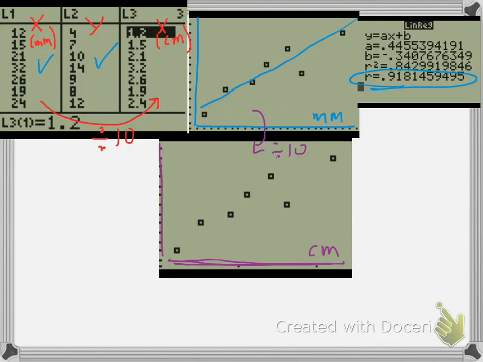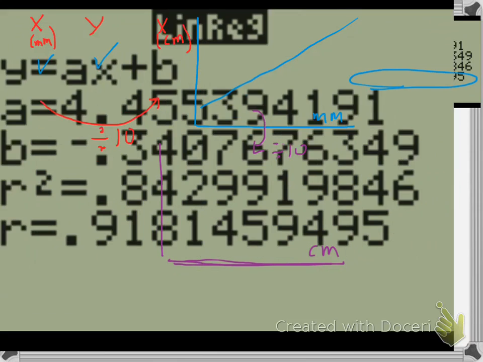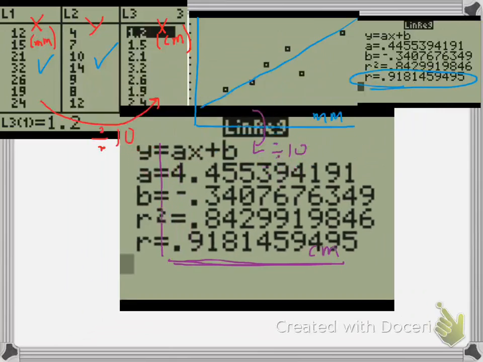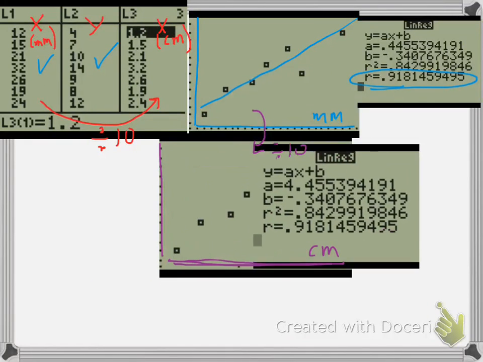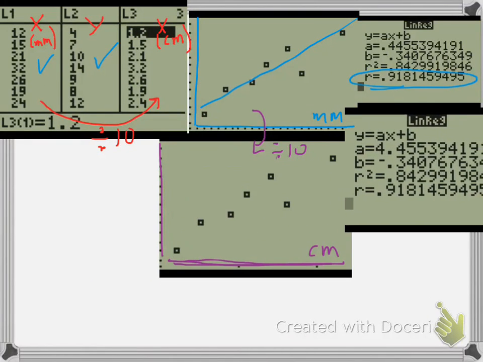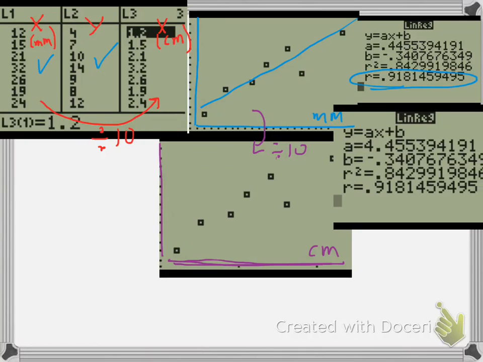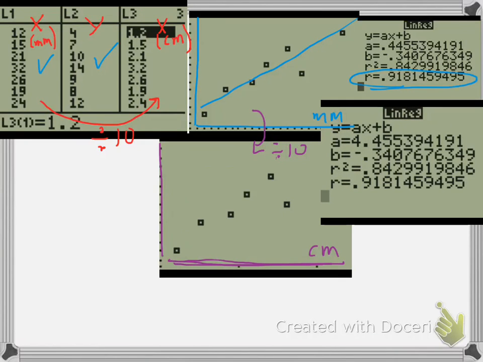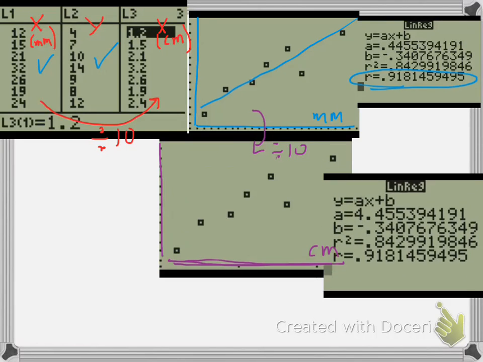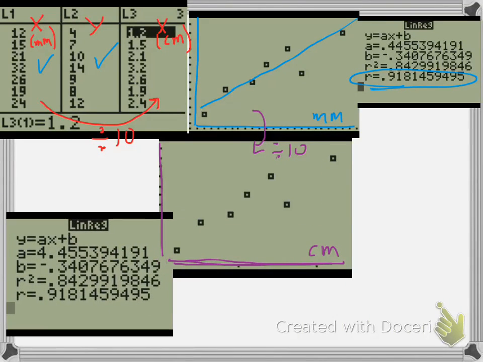The next thing I'm going to show you is after I did the linear regression. Remember, my diagnostics are on. I had to find a good spot for it.